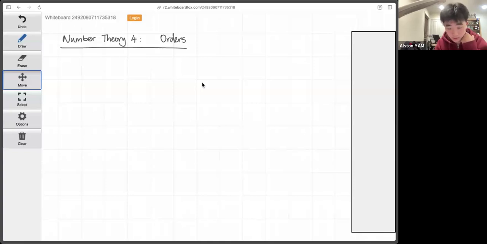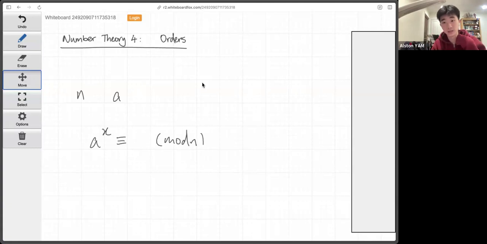We can start off with the definition. So if we have a number n, and then we have another integer a, right? I want to do a raised to some power. So I can do a raised to the power of x. I don't really know what that is yet. And then I want to analyze that under mod n.